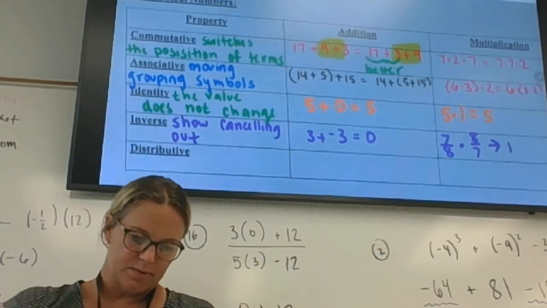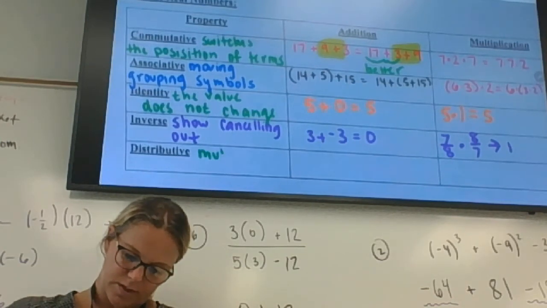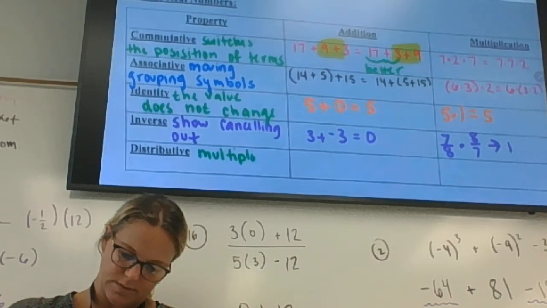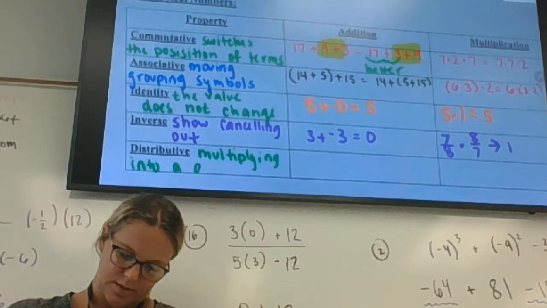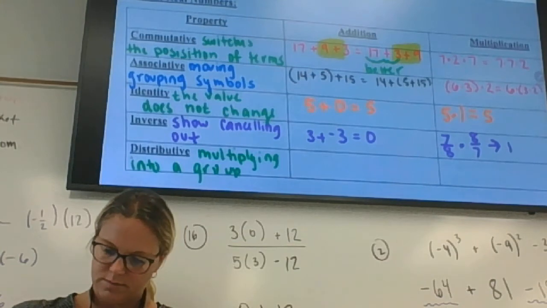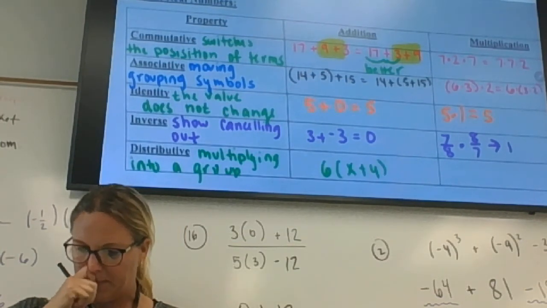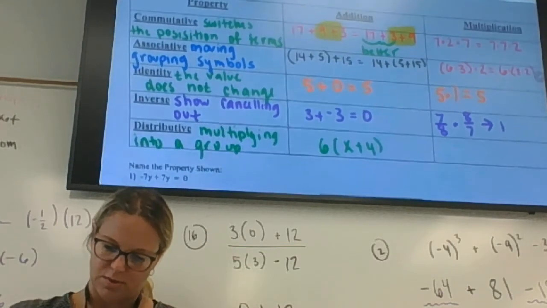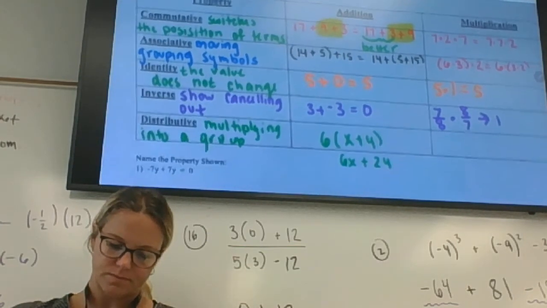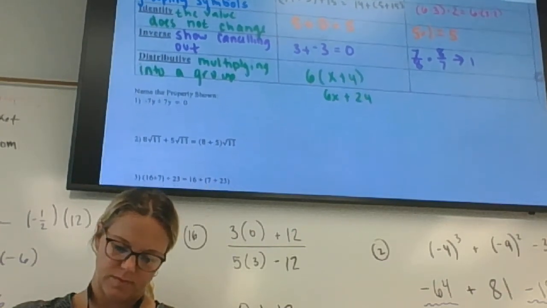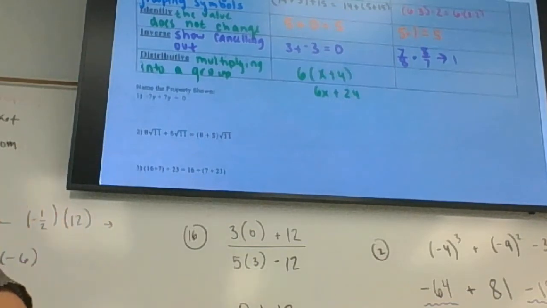Distributive property is multiplying one number into a group. You guys are all very good at that. We'll just do 6 times x plus 4. And that's the same in addition and multiplication. Okay, go ahead in your groups and try to name the properties 1, 2, and 3.